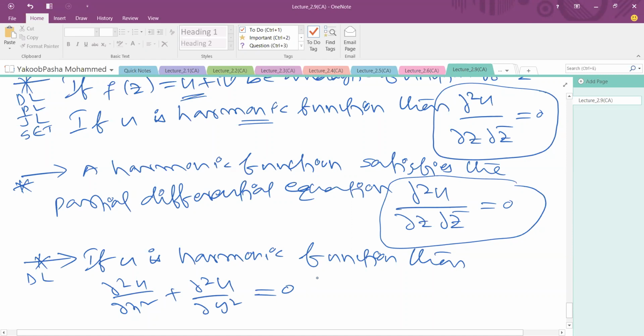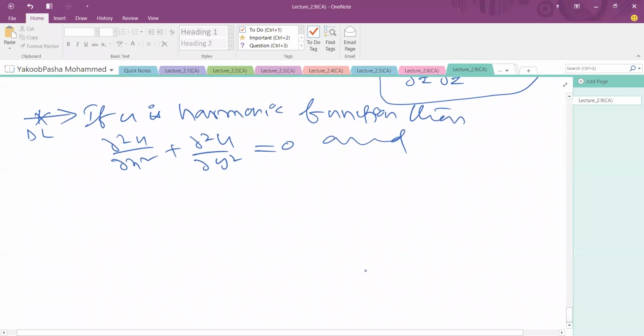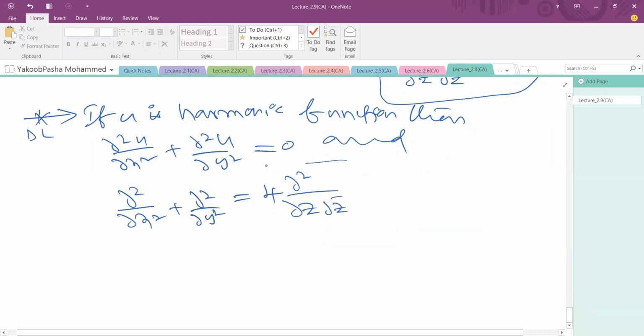That means it satisfies the Laplace equation. And also we know the formula dou square by dou x square plus dou square by dou y square is equal to 4 into dou square by dou z dou z bar. Whenever u is harmonic, dou square u by dou x square plus dou square u by dou y square equals 0.